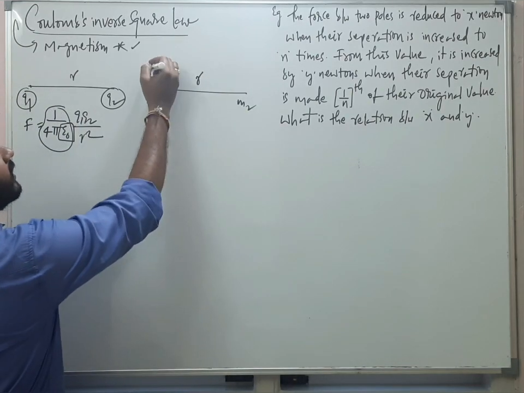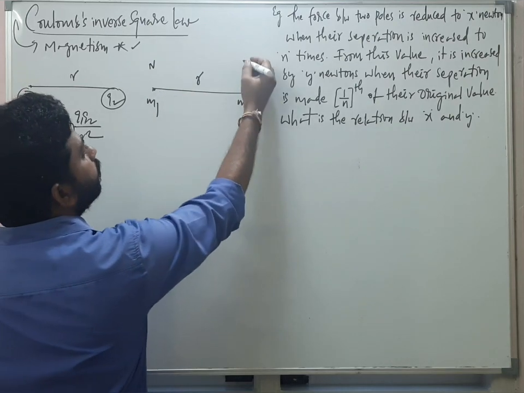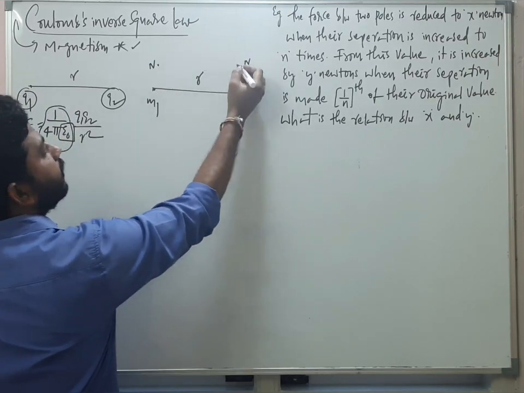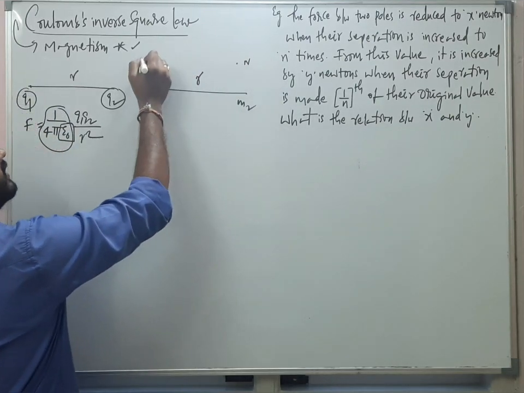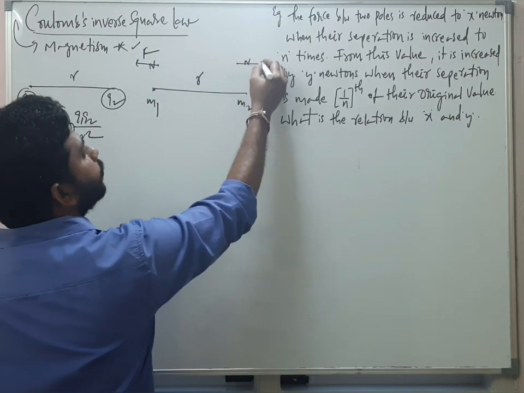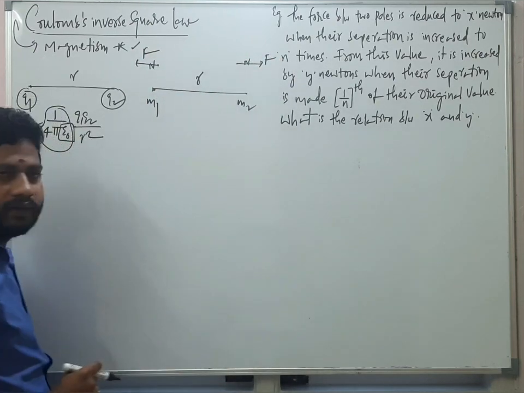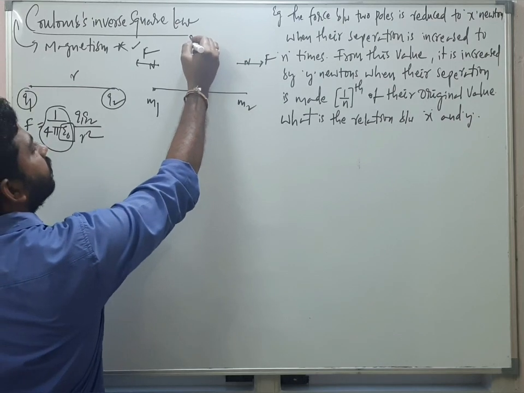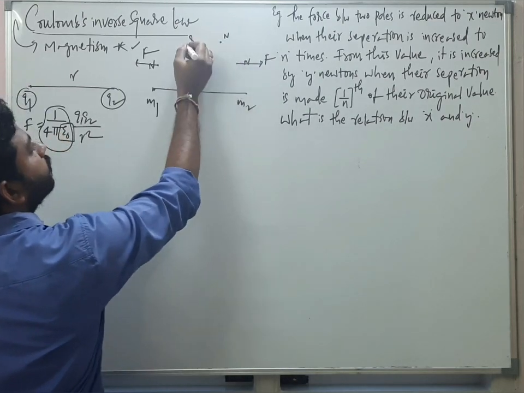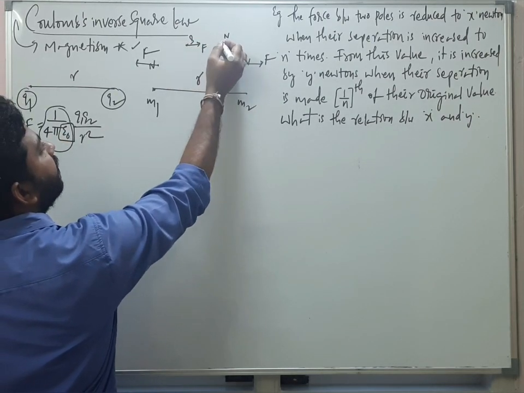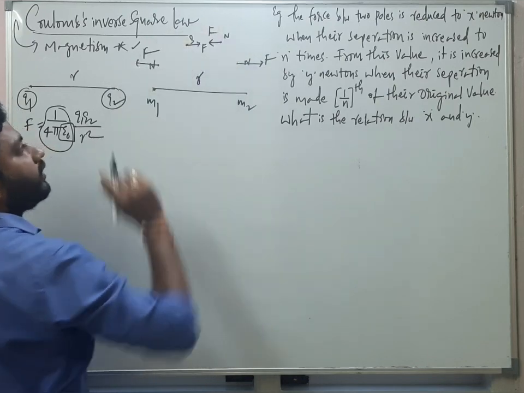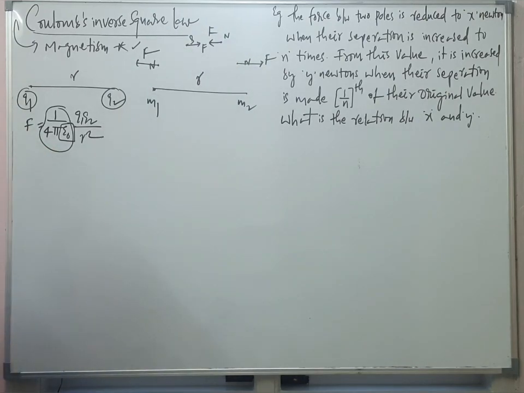If this is a north pole and this is also a north pole, the force of interaction between them is repulsion in this way. If there is a south pole and a north pole, the force of interaction will be attraction in this way. No confusion at all.